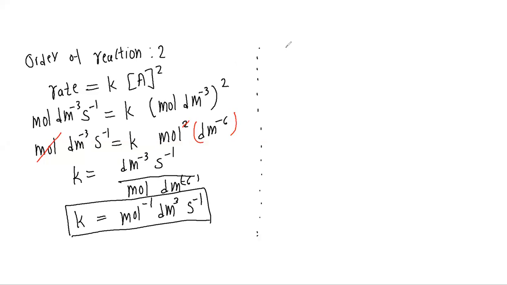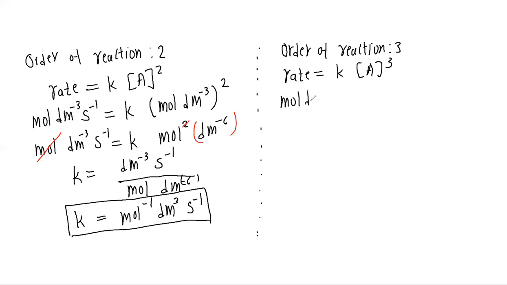I think you are getting it, but let's do one more. Order of reaction is 3. Straightforward, do it mechanically now. We don't need to do anything. What is rate? This one, that is moles dm cube s raised to minus 1.